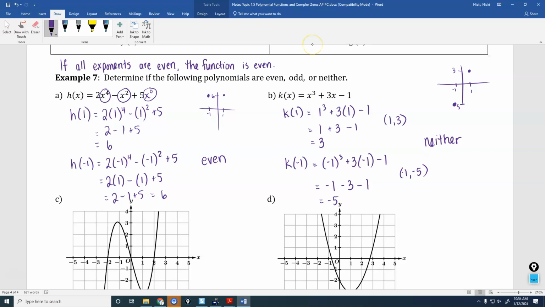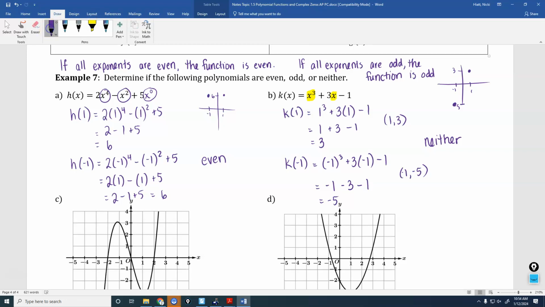For the odd functions, it is also true: if all exponents are odd, the function is odd. Now, you might look at B here and think, wait, that doesn't seem right.